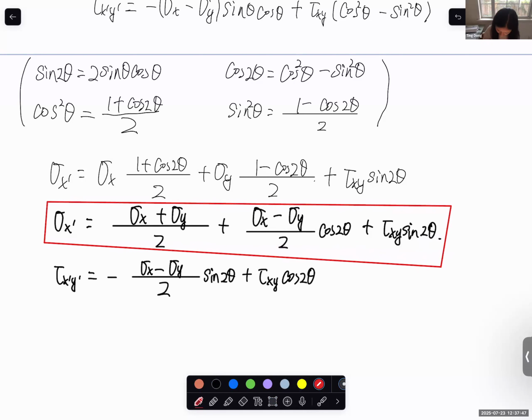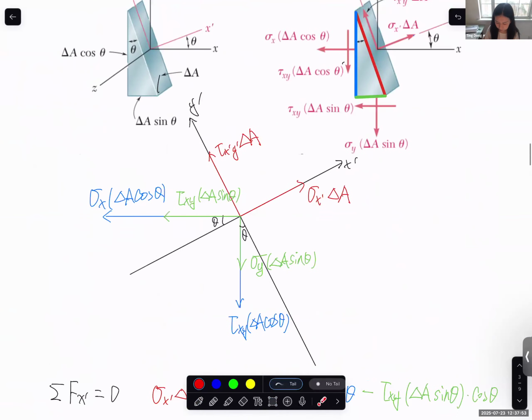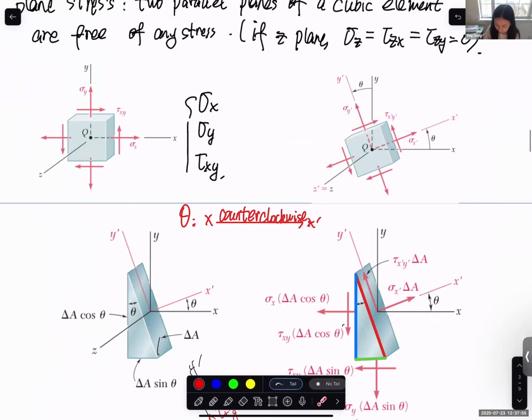Basically, I can say that for any plane, any angle of counterclockwise rotation theta, this theta can be 30, 60, 90, or any angle.